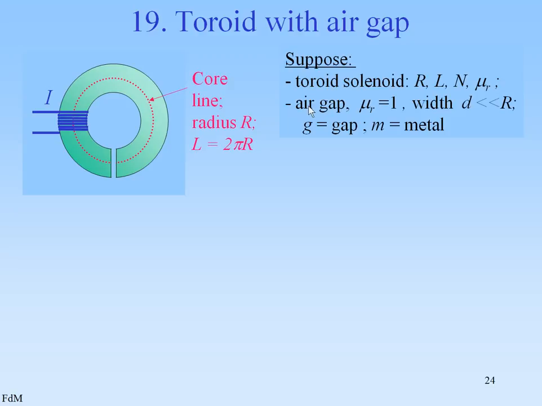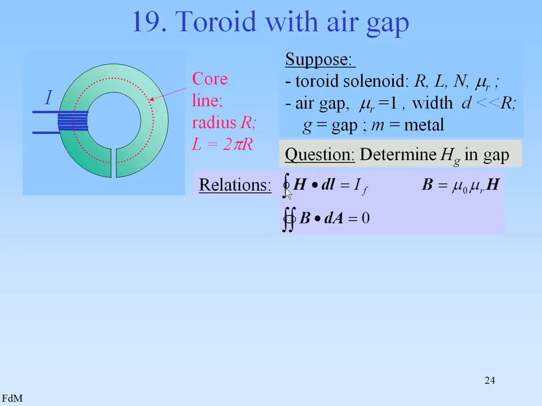In the air gap, the mu r is 1, and the width of the air gap is much smaller than the radius r. We will use the indices G for the gap and M for the metal. The question is, determine the field strength in the gap.